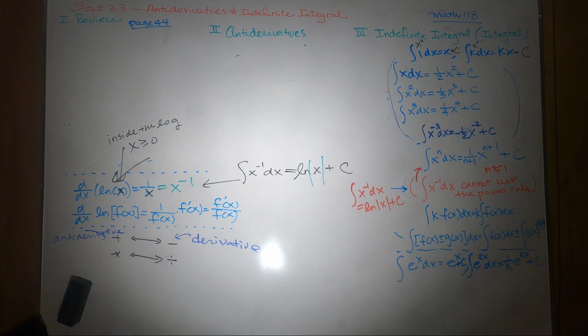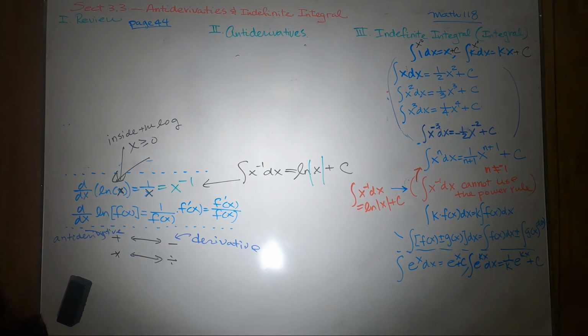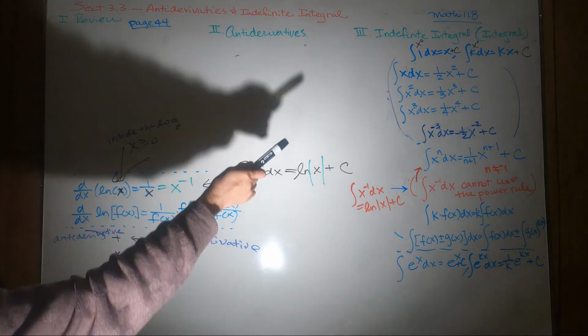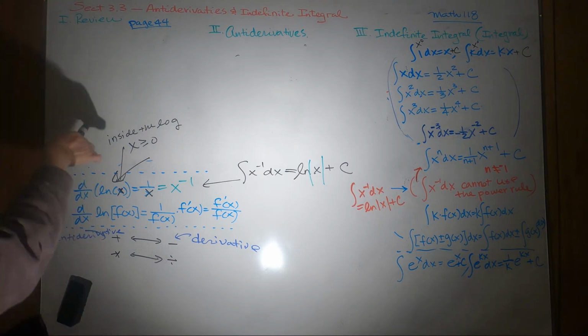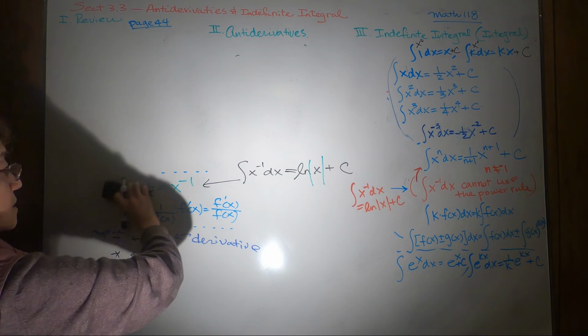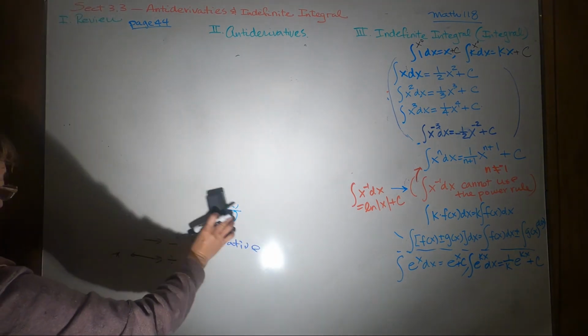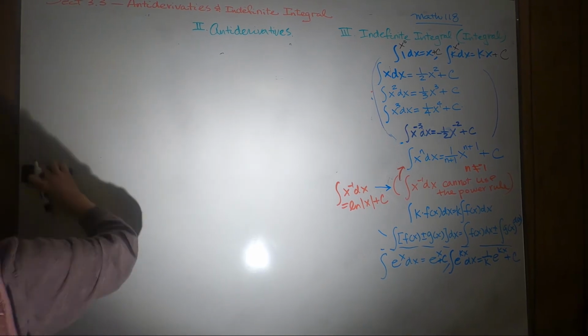Okay? So we described all the antiderivatives for the basic rules we used, right? We learned on page 44.